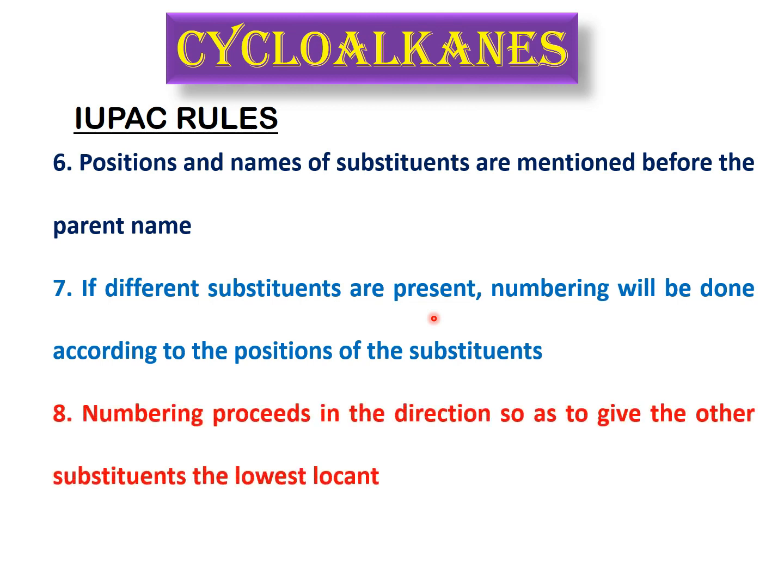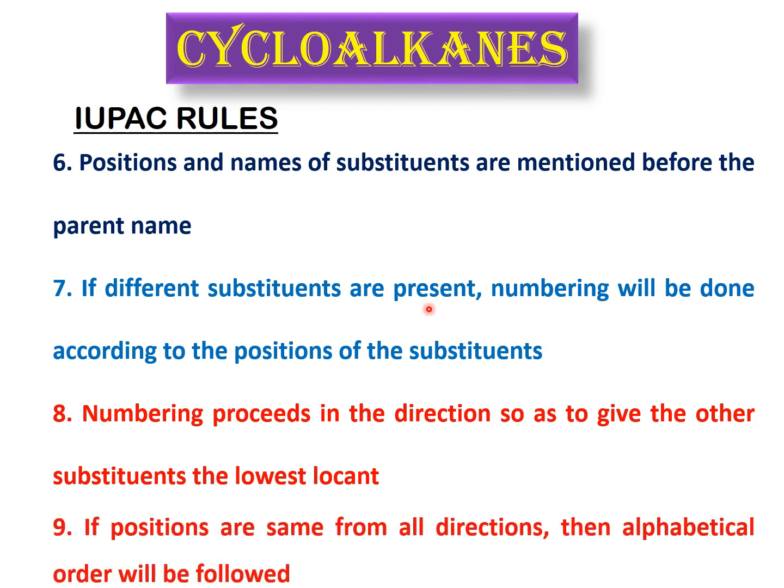And the numbering then proceeds in a direction so as to give the lowest positions to all the other substituents. So when you have different substituents, first you have to keep in mind the positions of all the substituents, right?